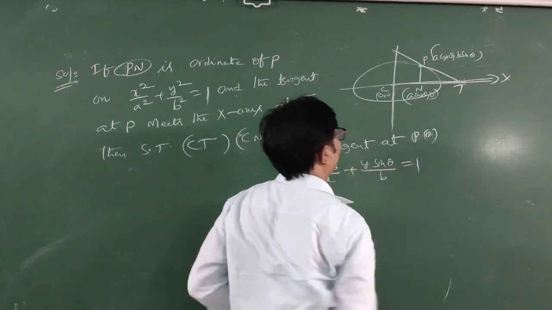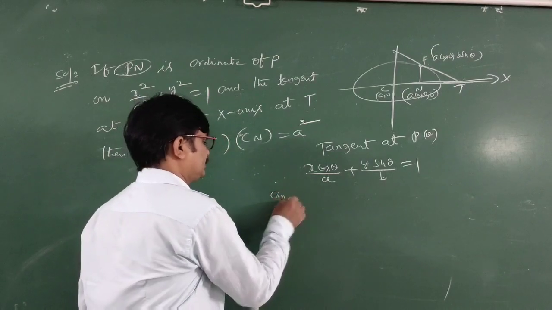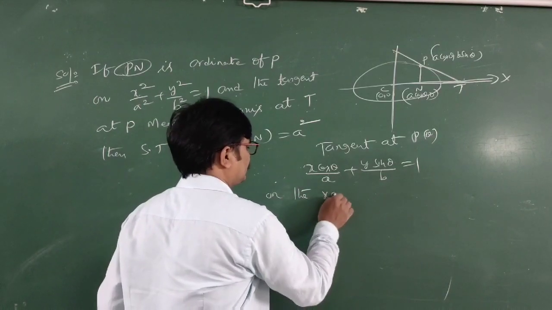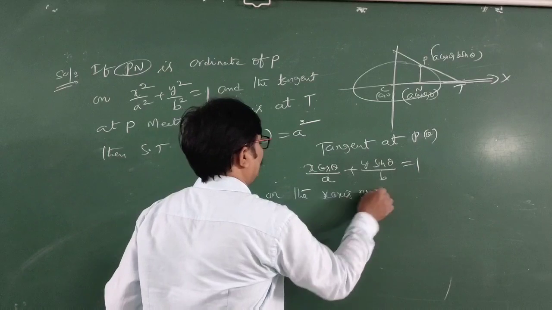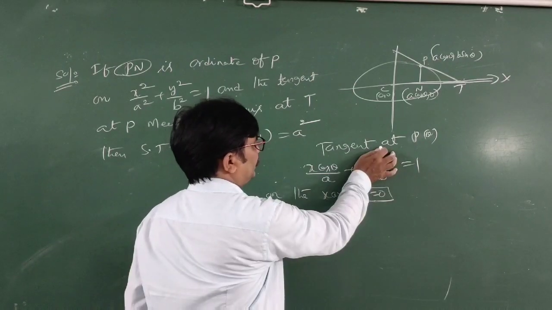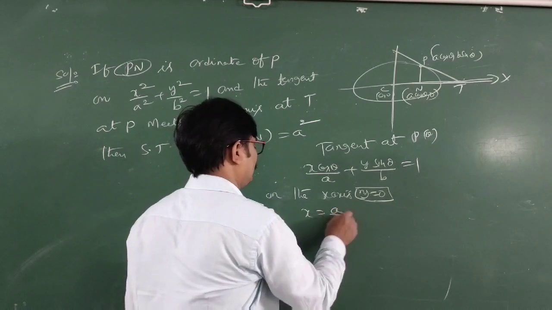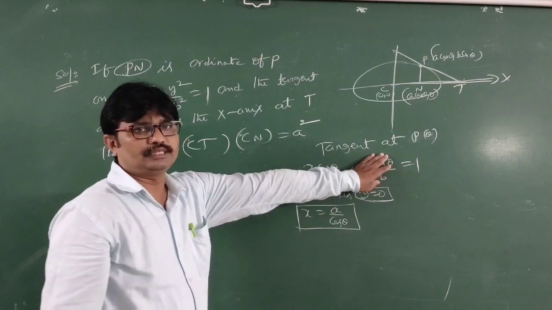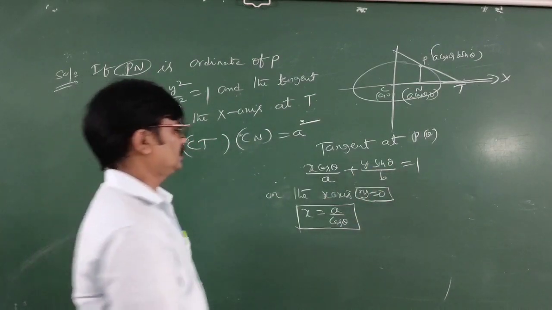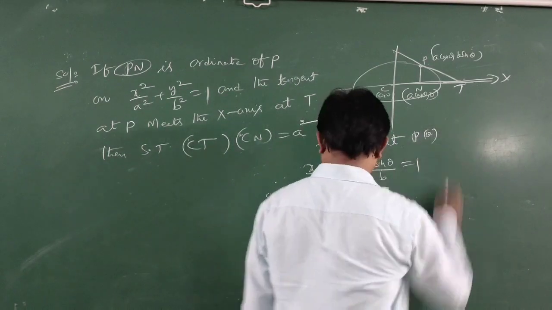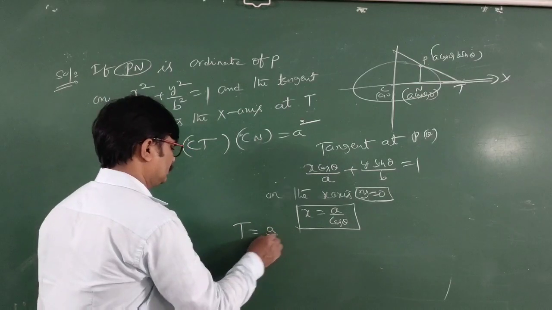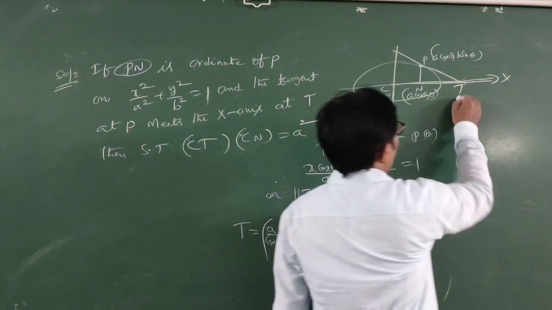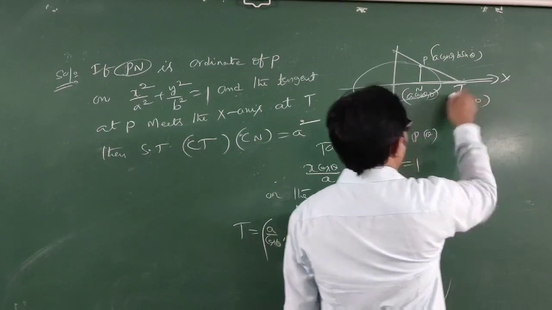On the x-axis, y will be 0. So when we take y as 0, x equals a by cos theta. So the point T is a by cos theta comma 0.